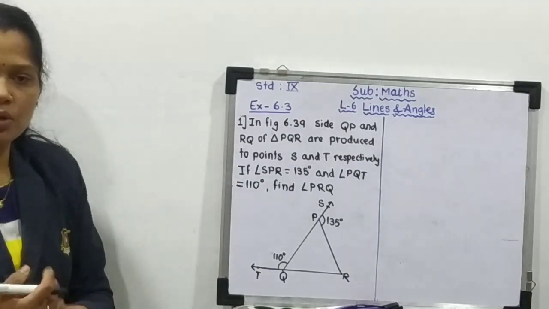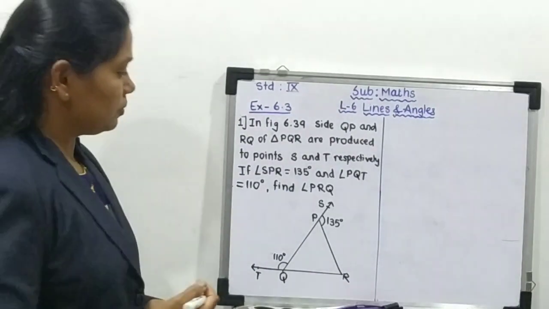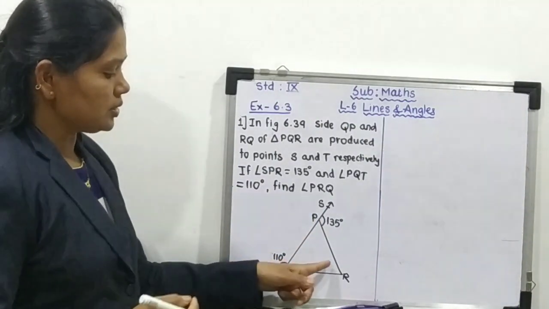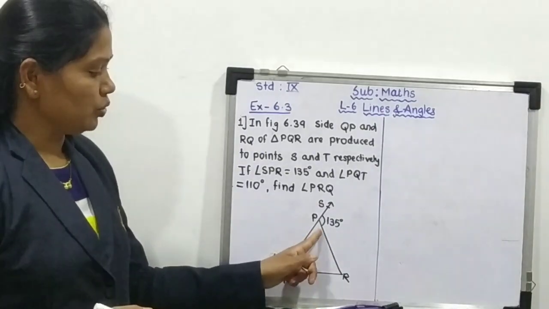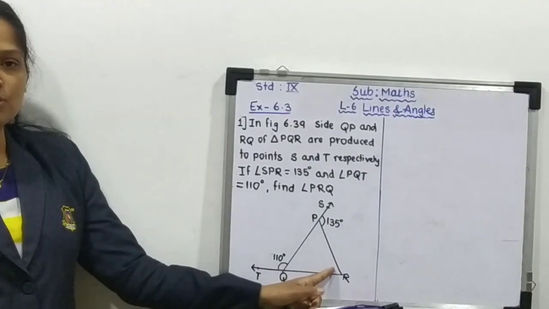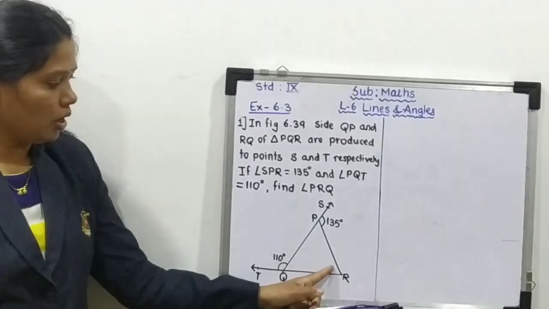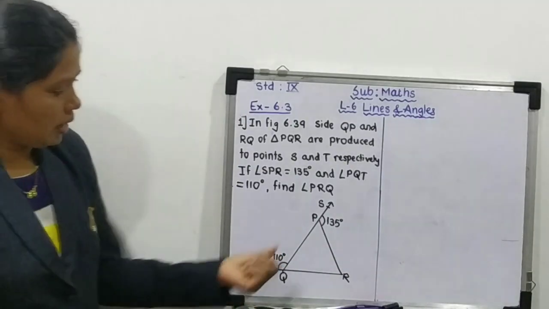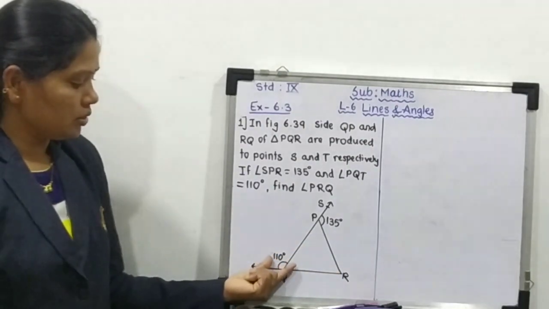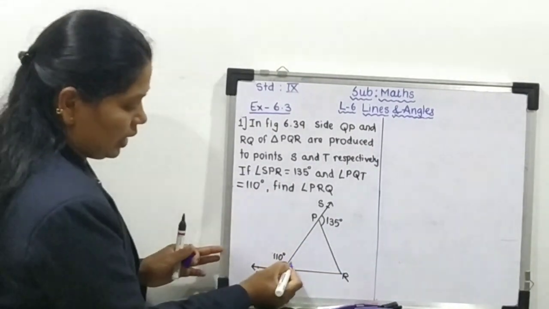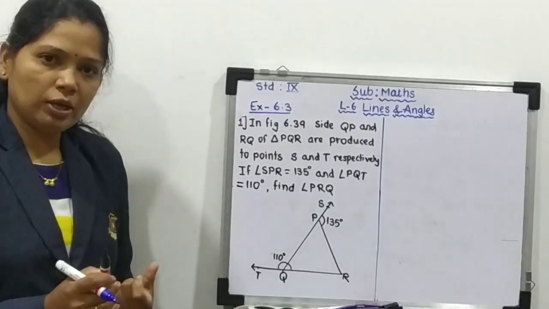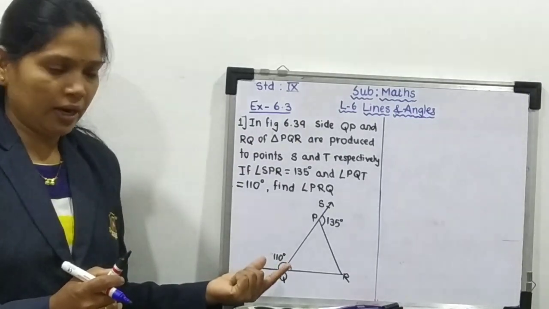Now, you can solve this sum in two ways. We are going to find angle PRQ. If I know this angle and this angle, I can find out this angle. Yes or no? Yes. So how? See, angle PQT and angle PQR, these two, both form linear pair angles, right?